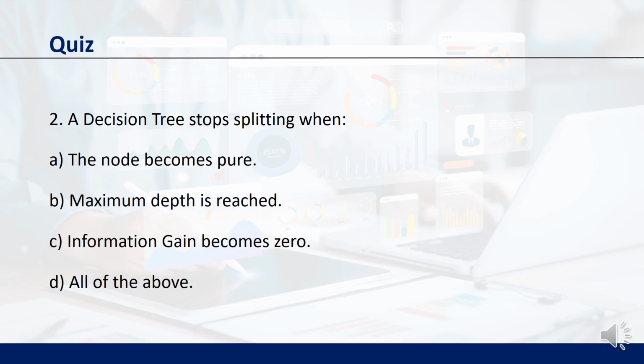A node becomes pure, maximum depth is reached, information gain becomes 0, all of the above. The answer is all of the above. All these conditions can act as stopping criteria. This is important because stopping criteria control the growth of the tree and help prevent unnecessary complexity.